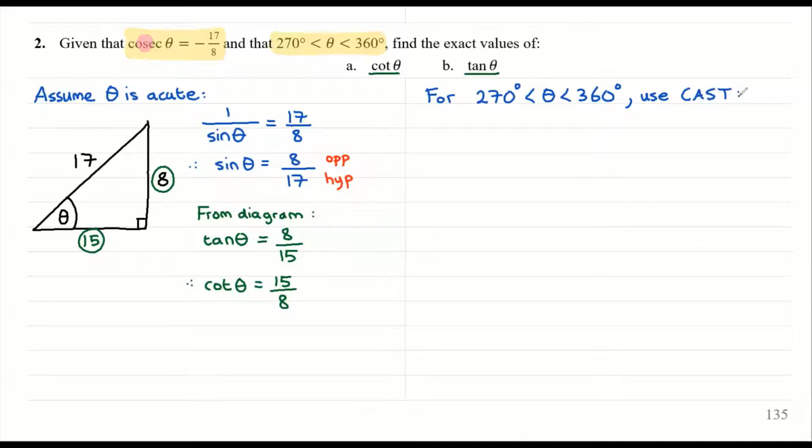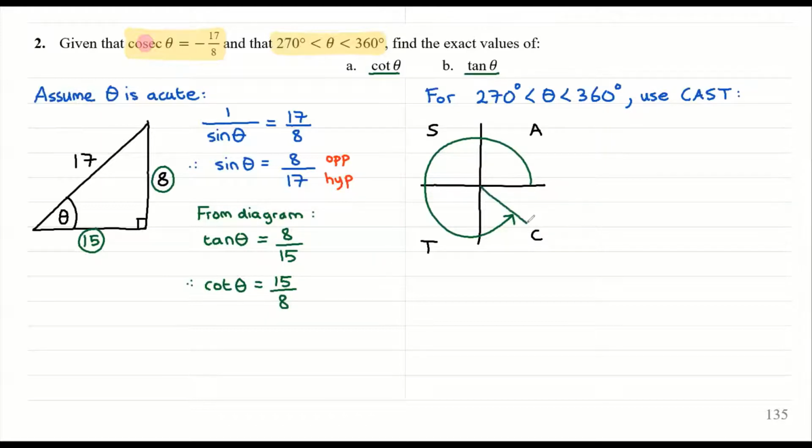So get your CAST diagram, and just make sure you get the right quadrant. So let's see how far around we need to go for this. So starting at 0, between 270 and 360, the angle is somewhere in this quadrant here, which is of course the cosine quadrant. We'll use a bright green for that one. So only cosine is positive in that quadrant. So that's very useful. Now we can answer the question.